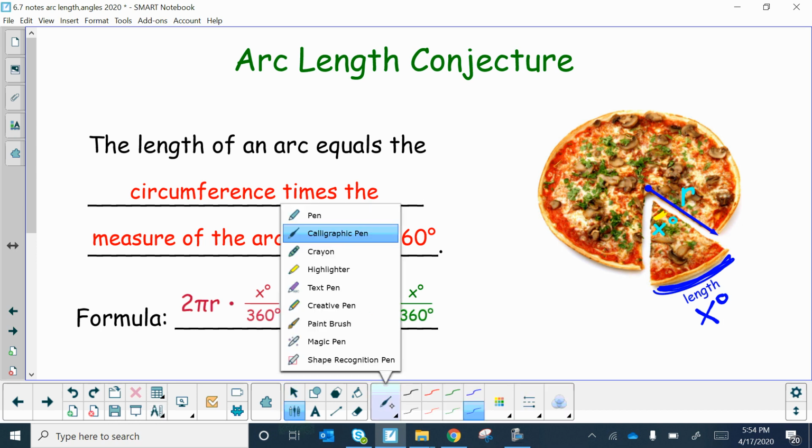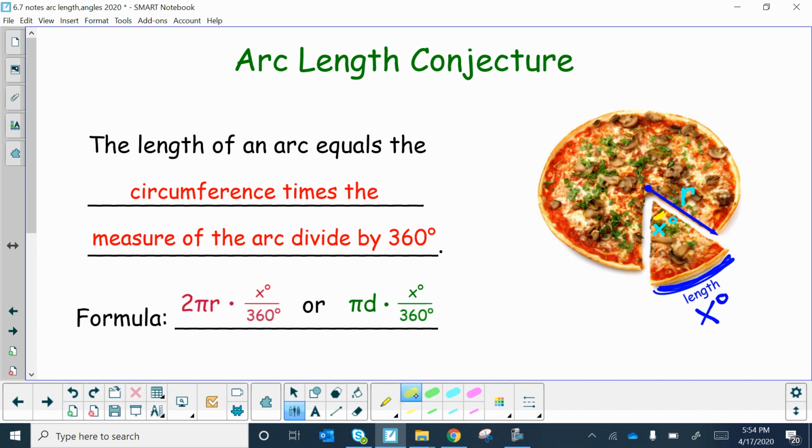You can either look at the one on the left, which is circumference, and then you times it by x over 360. This is the same formula, only the circumference is the other formula, pi times d. That's the same as circumference, and you still want to times it by x over 360. So we're going to use that formula and practice it on these next couple of problems.